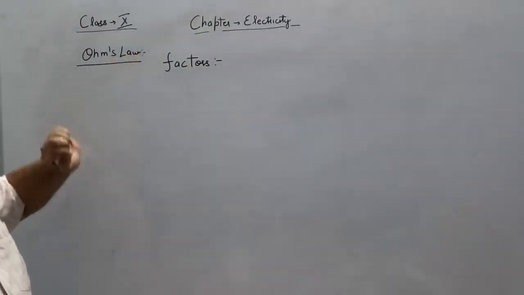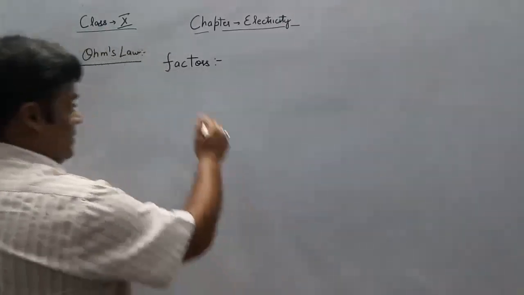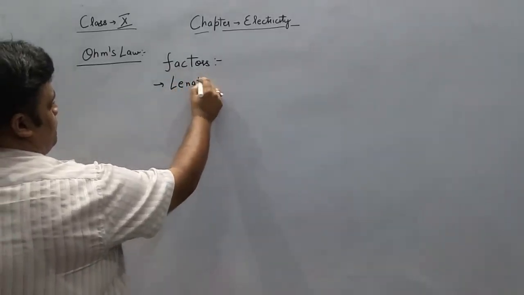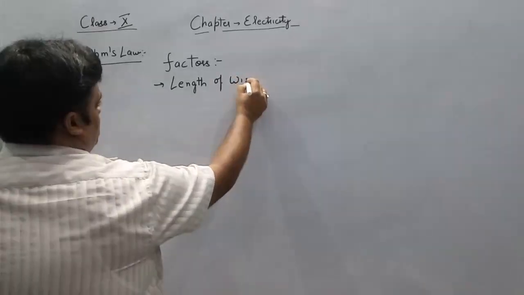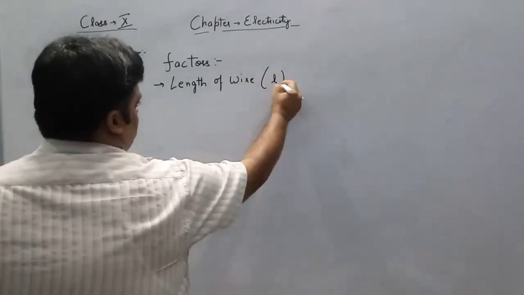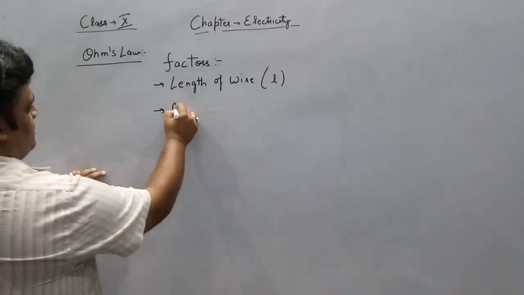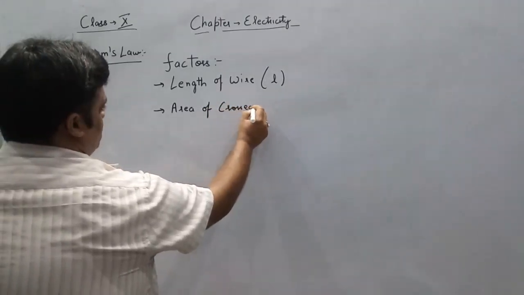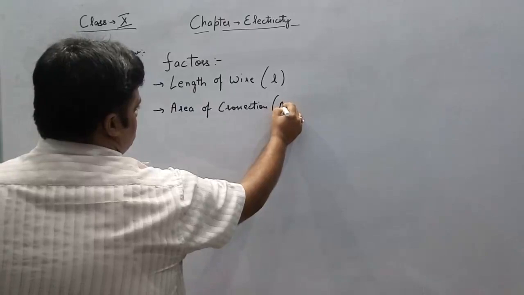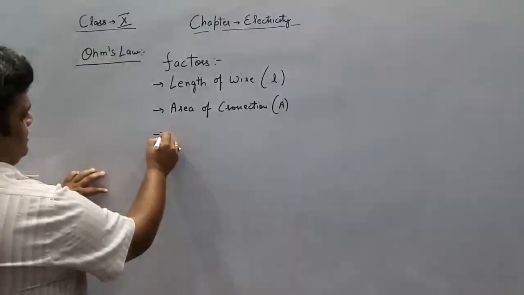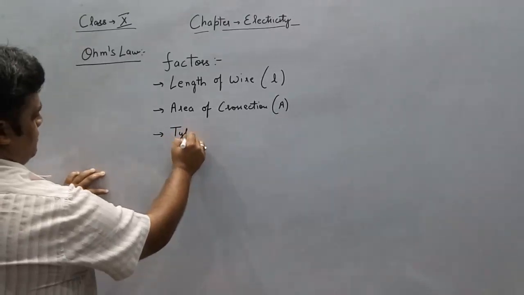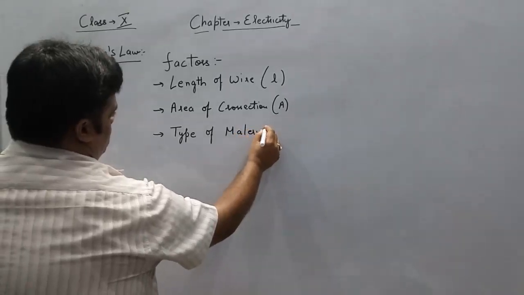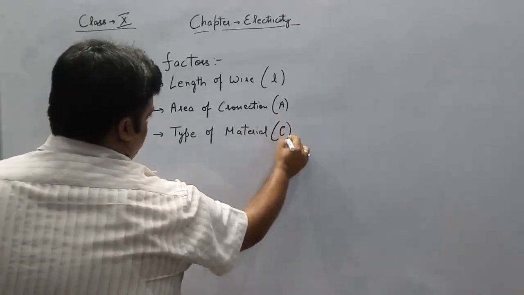On which factors does resistance depend? In this, the first point is length of wire L. The second point is area of cross section A. The third point is type of material, we'll define it.